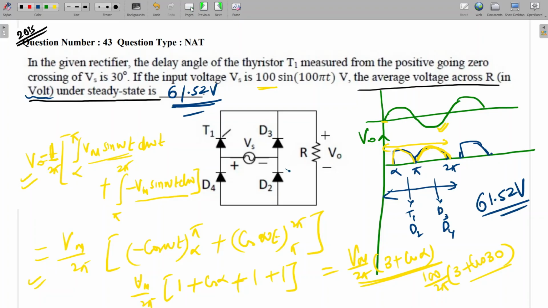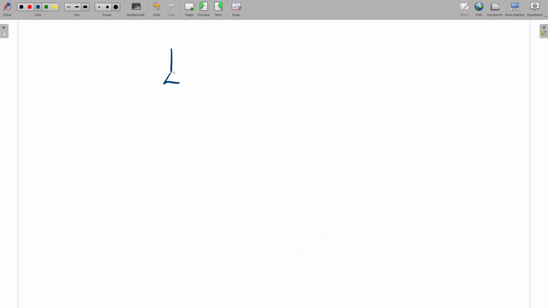Yes, sir. In that case, Vm by 2 pi, 1 plus cos 3 alpha, sir, I think. Okay, we can analyze whatever the case will be. So you are saying one diode, like that you are telling. Yes, sir.